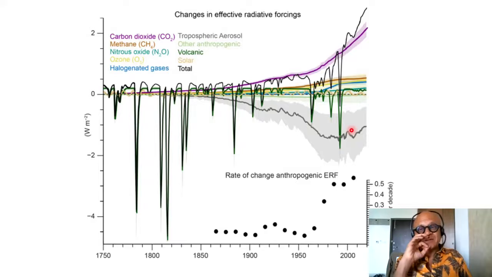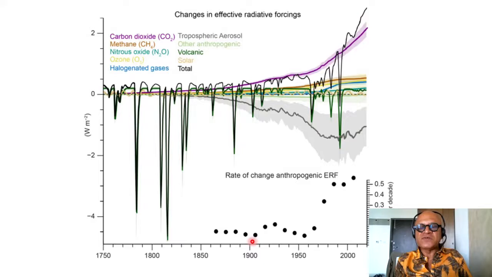Direct and indirect effects are not the same. Direct effect can be more easily estimated than indirect effect. Other anthropogenic effects like land use change, and volcanic eruptions, provide pulses of forcing and can be, and are, very important. Solar forcing is very tiny, as you can see, and the total is shown in the black line here.